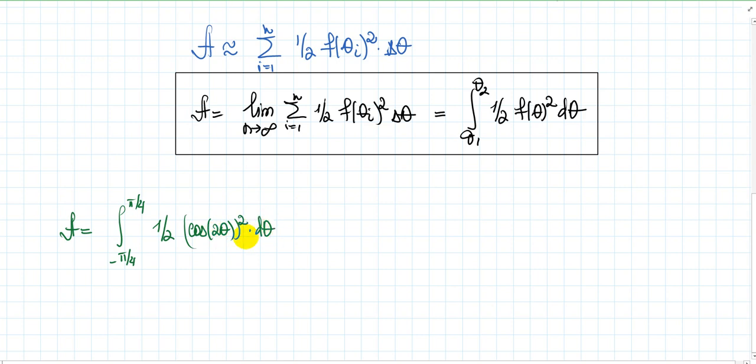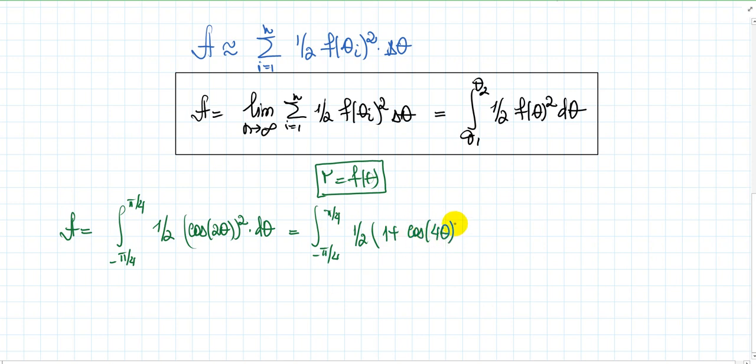So r is equal to f of theta actually, right? Okay? Let's integrate this and evaluate it. So it's going to be the integral from minus pi over 4 until pi over 4. So I'm going to write this cosine squared of 2 theta as 1 plus cosine of 4 theta, right? Divided by 2.